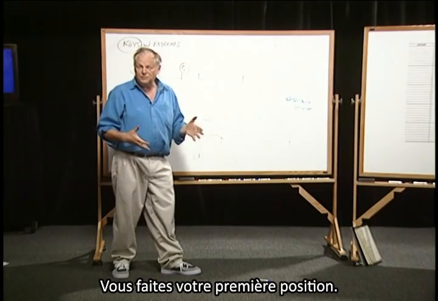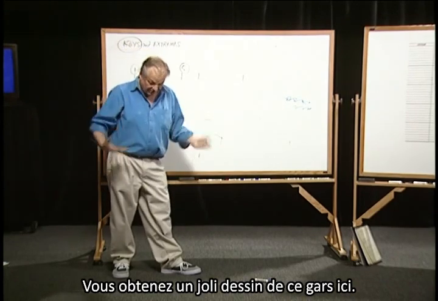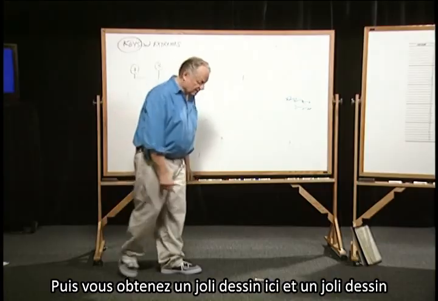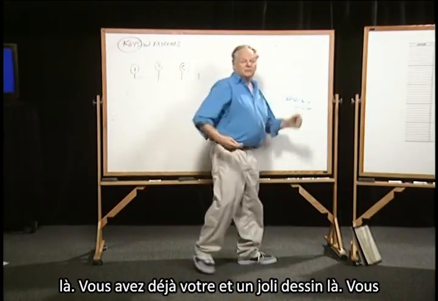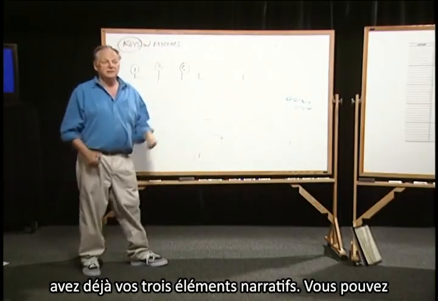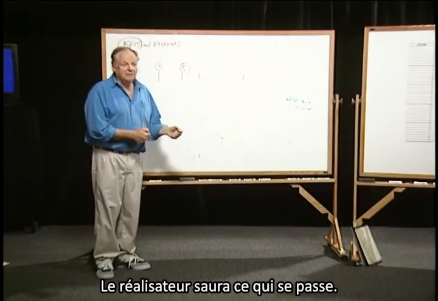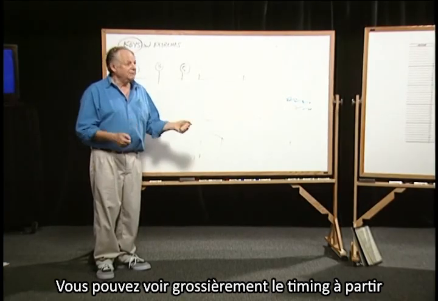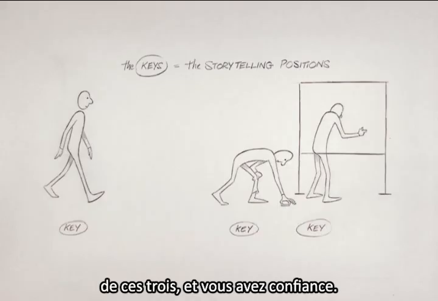You do your first position. You get a nice drawing of this guy here. And then a nice drawing here and a nice drawing there. You've already got your 3 storytelling things. You can film them on the video. The director will know what's happening.